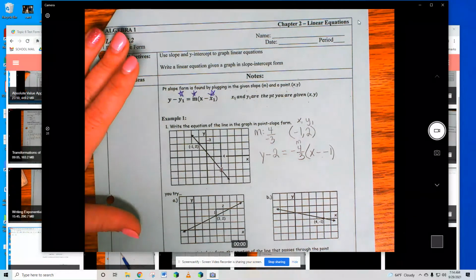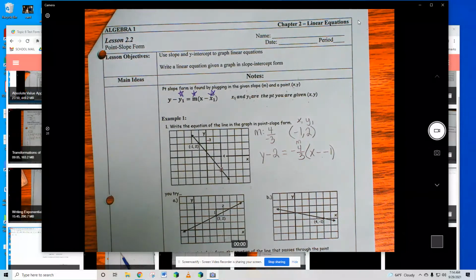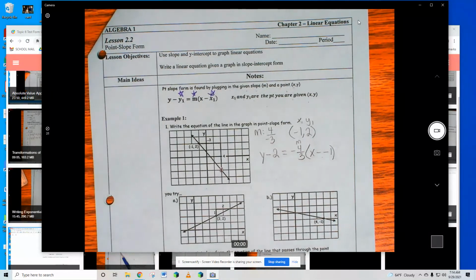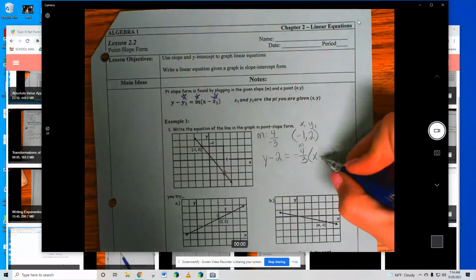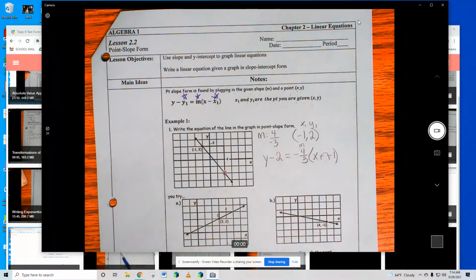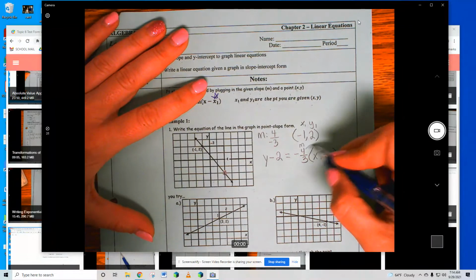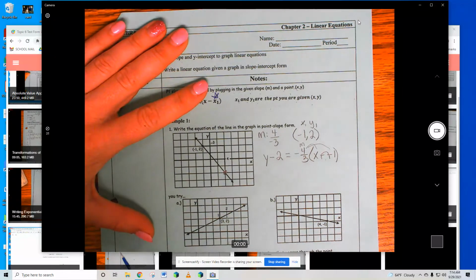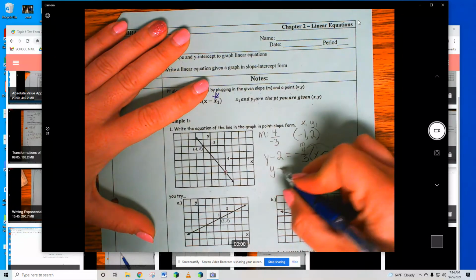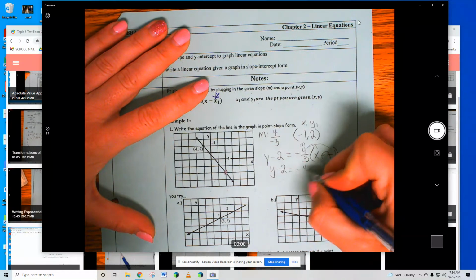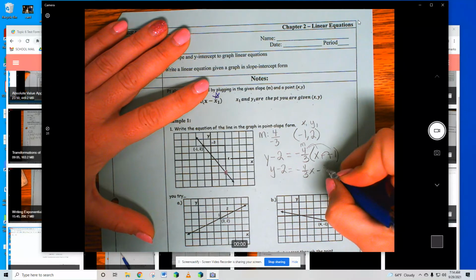Watch the signs. X minus negative, minus a negative, minus minus. This is a big plus. So this needs to be distributive property. Y minus 2 equals -4/3 x minus 4/3.